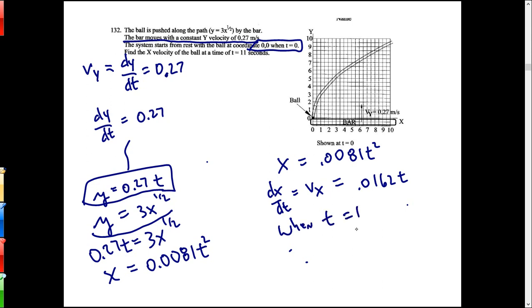So when t is equal to 11, Vx comes out to be 0.178 meters per second. Yeah, 11, you just wrote down 1. Oh, thank you. There we go.